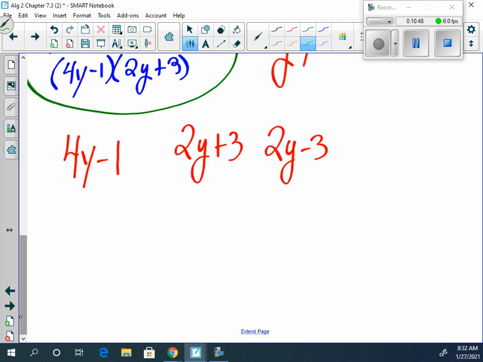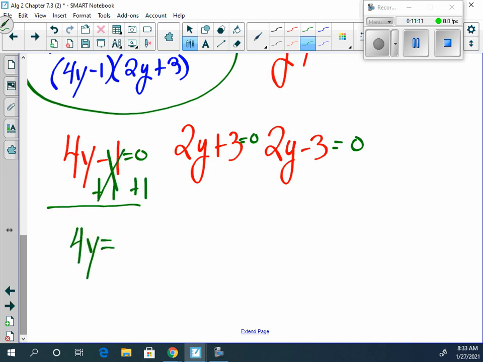So now we need to see what values of y is going to make each one of these equal 0. So these here are a little bit harder to look at than some of the ones we've done already, because y plus 5, that's a little bit easier to see what value is going to make it 0. Well, here we're going to do what? Add 1 first and get 4y equal to 1.